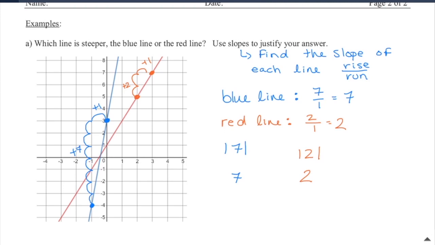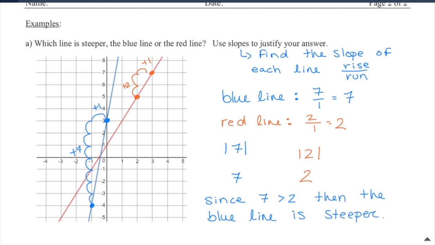And since 7 is greater than 2, then the blue line is steeper. It's asking me for the steeper line up here, so I want the bigger magnitude.